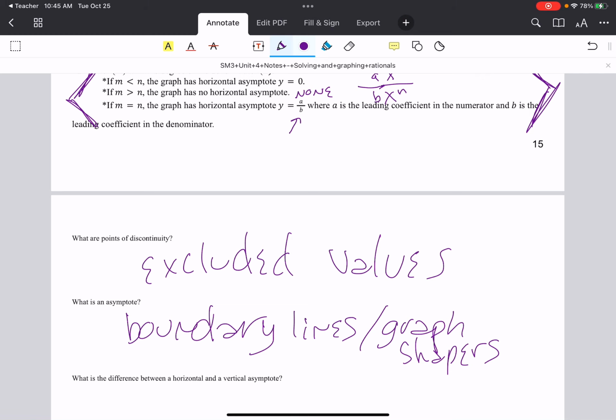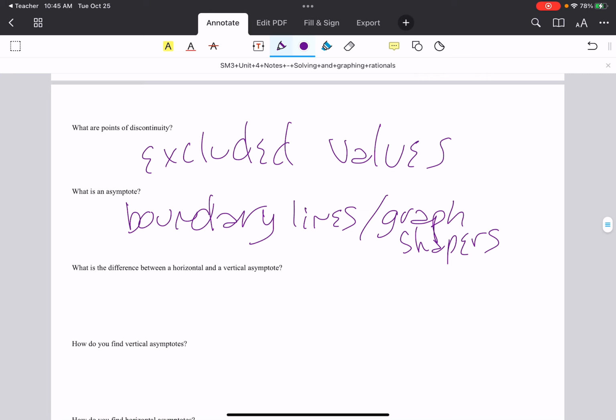It's a very good analogy. She's so good with real world comparisons. What is the difference between horizontal and vertical? This one is found by a math error, and this one's found by the end behavior.